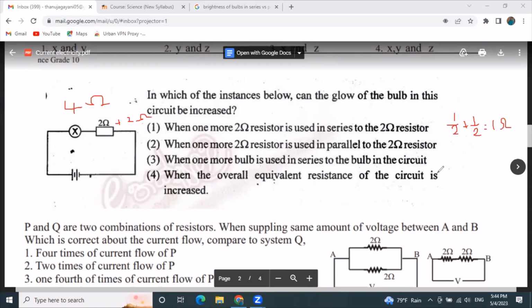When one more bulb is used in series with the bulb in the circuit, we know that when connecting a bulb in series method, the electricity is divided between two bulbs, then the brightness will be decreased. Okay, you can search it on Google.